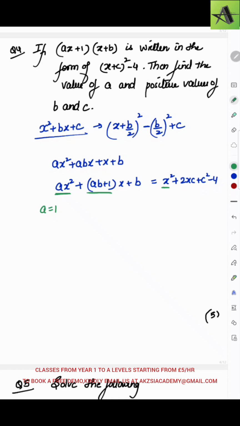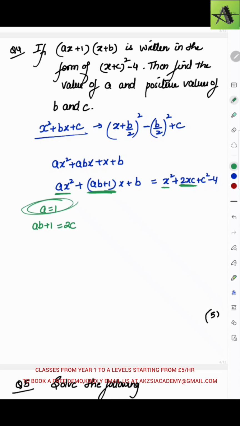For the terms of x, the coefficient of x means the number written with x. So ab plus 1 on the left, and on the right-hand side it's 2c, so ab plus 1 is equal to 2c.